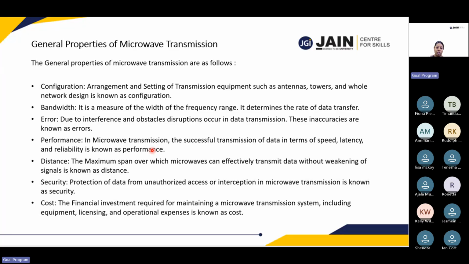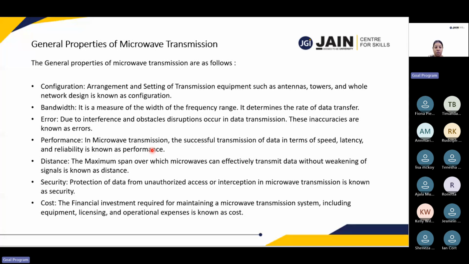Security: protection of data from unauthorized access. Security means protecting data from hackers and unauthorized users. Interception means peeping into your sensitive data.